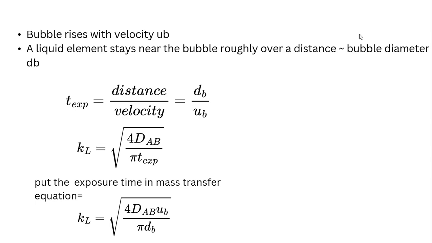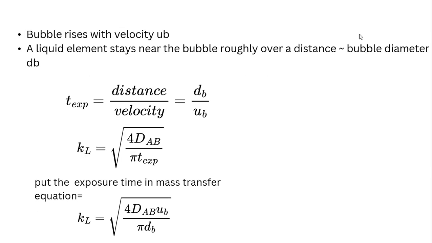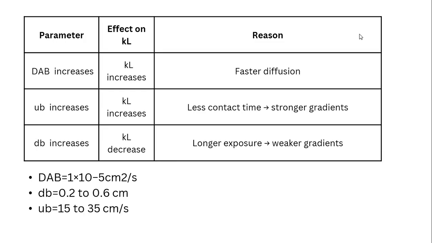After putting the exposure time in the mass transfer coefficient, we can get this equation. From the formula we can say that if DAB is increased, then kL will also increase, because faster diffusion will be there.